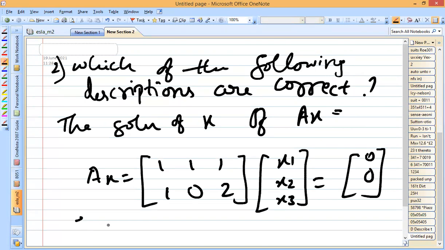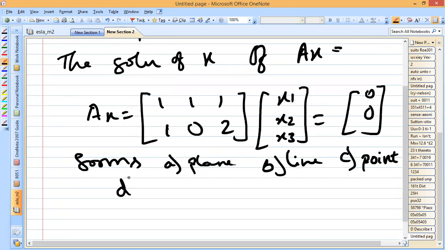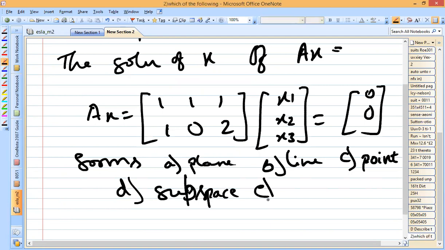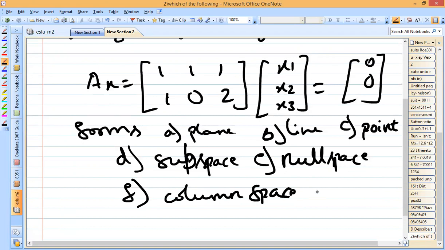Descriptions I'll be writing, I'll be mentioning whether it is a plane, line, point, fourth one, subspace, fifth one, null space, and sixth one is column space. Trace of A.